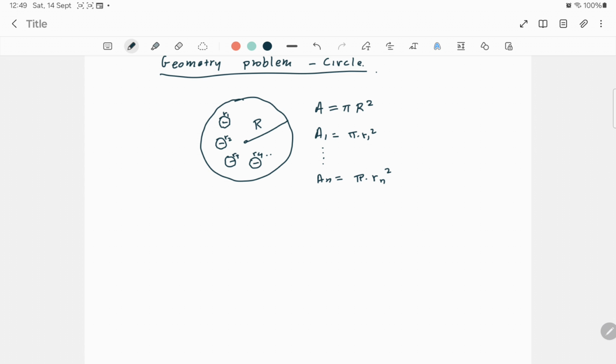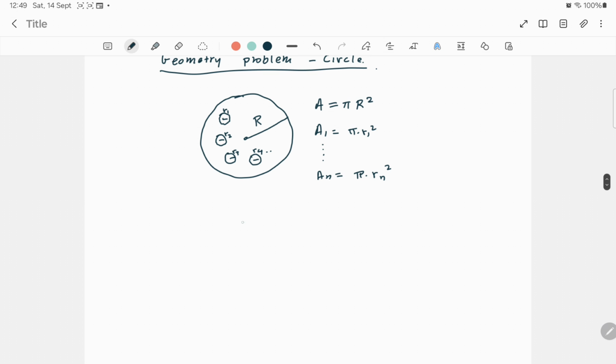In order for the circles to fit in this bigger circle, the area of the big circle should be bigger or equal to the sum of the areas of the other circles. This is pi r squared, and this is pi r1 squared plus pi r2 squared plus pi rn squared.